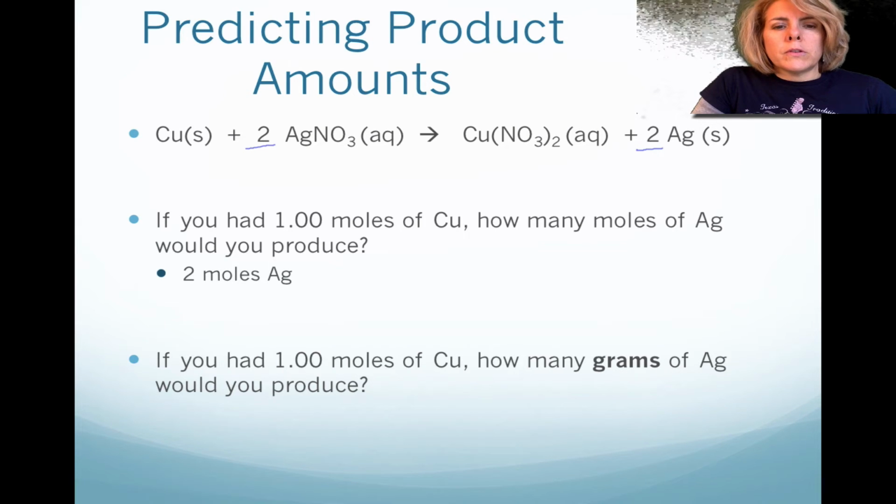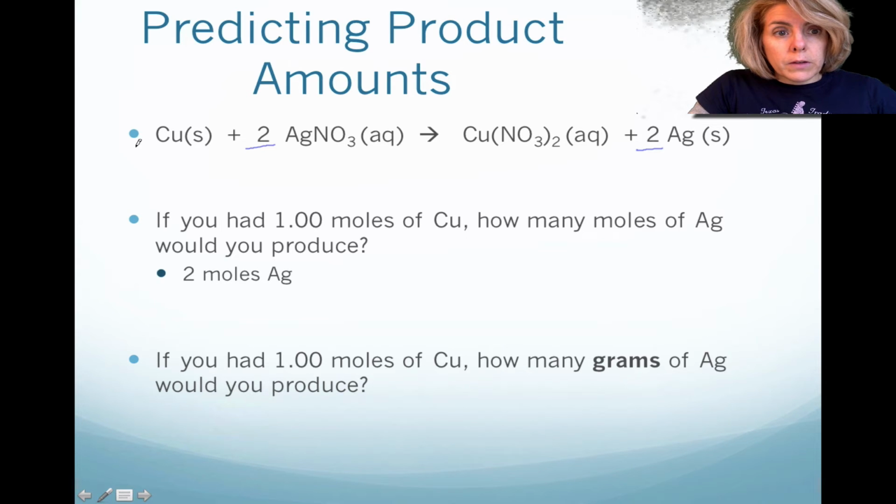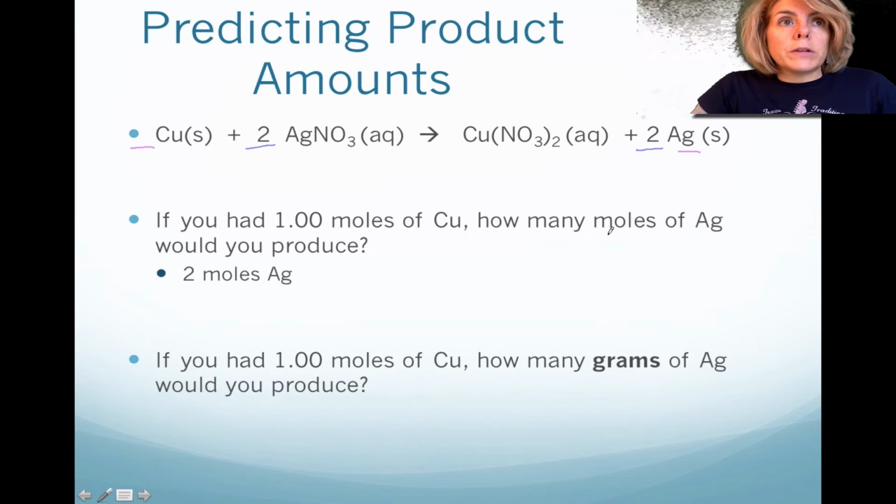I meant just silver metal. Now they ask you if you had 1 mole of copper. Remember, there's an understood 1 in front of this copper. So there's an understood 1 right there. And they want to know how much silver would you produce? Now this is where we want to use mole ratio to help us figure it out.